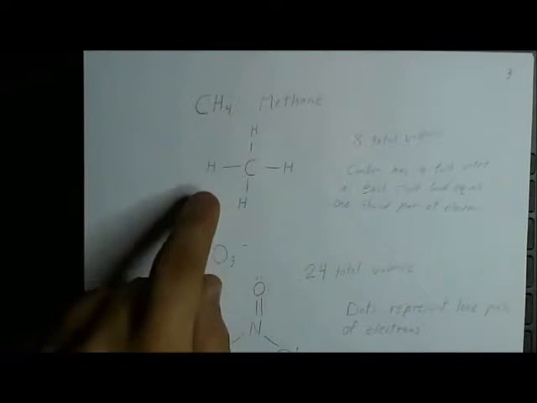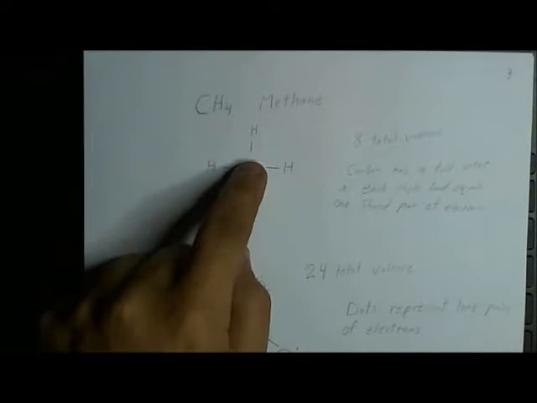A Lewis structure is a structural formula consisting of electron dot symbols with lines as bonding pairs and dots as lone pairs. The octet rule applies where each atom in a molecule fills its outer layer with 8 electrons, 2 for hydrogen. So as you can see here with methane, you have carbon.